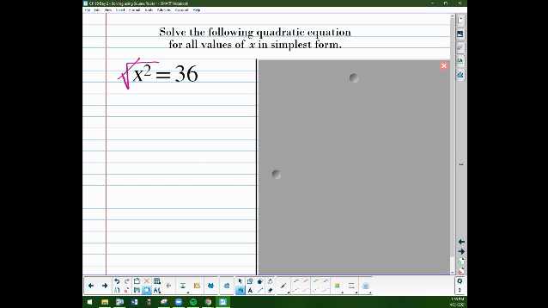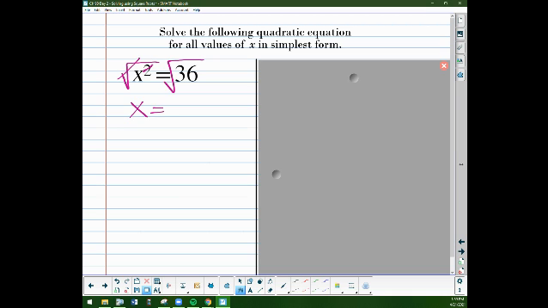Now the square root and the square will cancel, leaving me with just x. But remember, like solving linear equations, what I do to one side, I have to do to the other side. Okay, so I take the square root of one side and I take the square root of the other side.